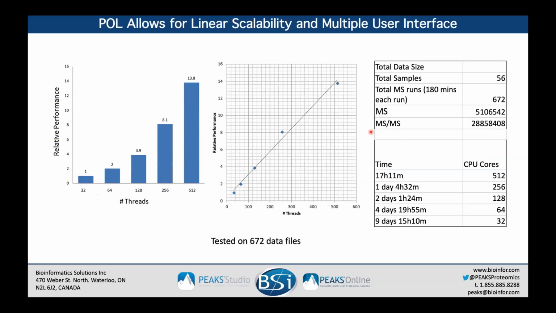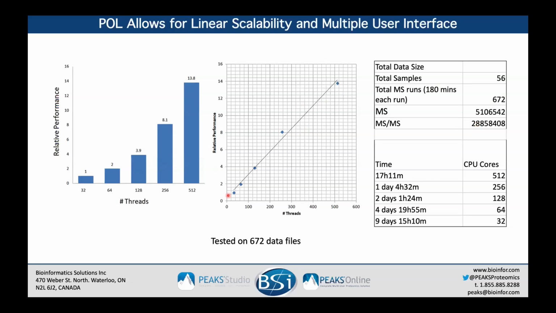But what's really nice about Peaks Online is that the performance is linearly scalable depending on how many threads you put at it. And so we've done a test with 56 different fractionated samples, which equated to 672 180-minute mass spec runs, or almost 29 million spectra.